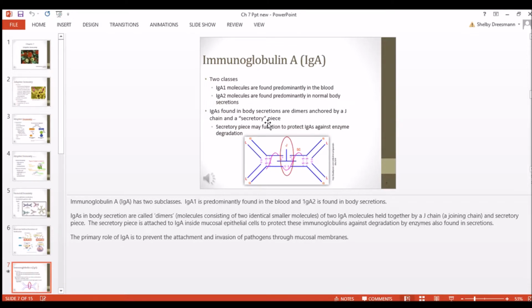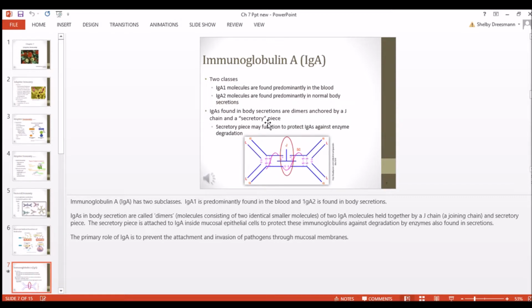IgA. There's IgA1 found in blood and IgA2, which is found in body secretions. These are called dimers. They consist of two smaller molecules that are held together by a J chain. Schneider said we really don't need to know the whole formation of an antibody.